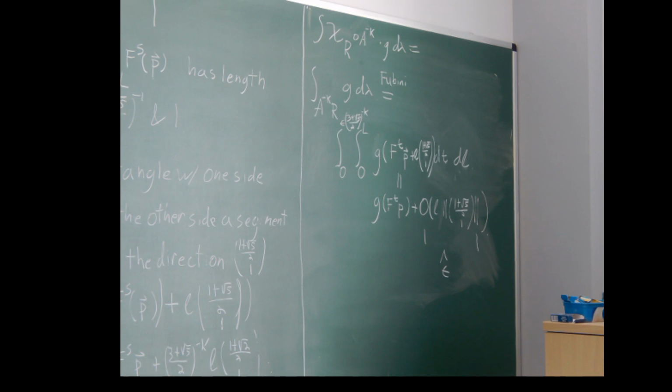Sorry, John. Yes. In the first line, if you want to integrate over A to the minus k of R, shouldn't you actually compose chi with A to the plus k? Because then A to the k of x belongs to R. Yeah, I think you're right.